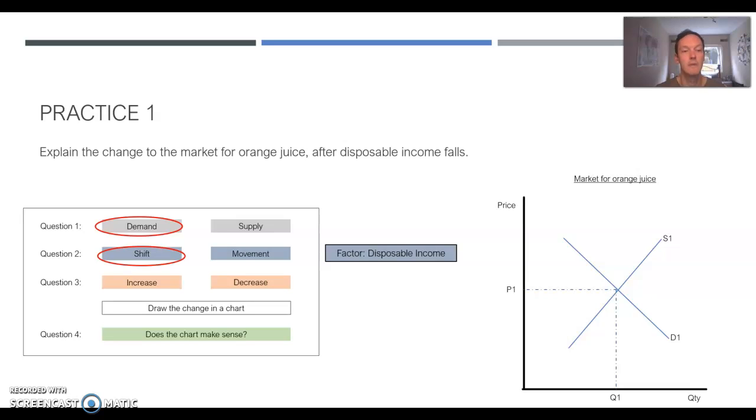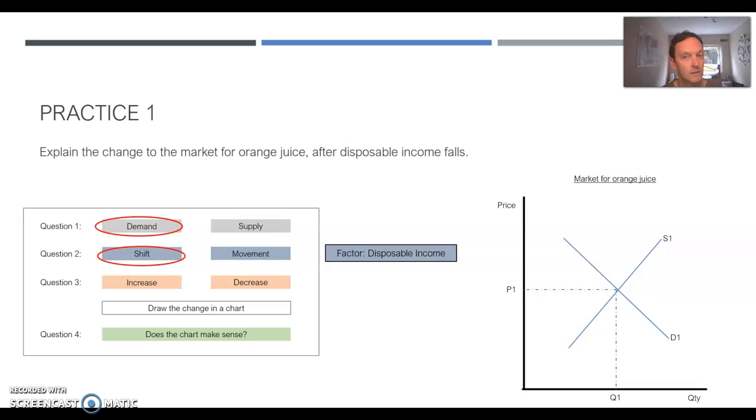So demand has changed, demand has shifted. Now, because of this, has the demand for orange juice fallen or increased? And you've got to ask yourself, disposable income has fallen, so does that mean there'll be more demand or less demand for orange juice?